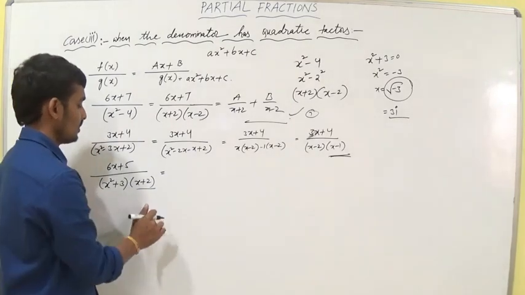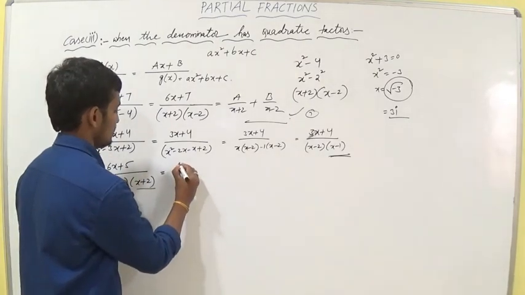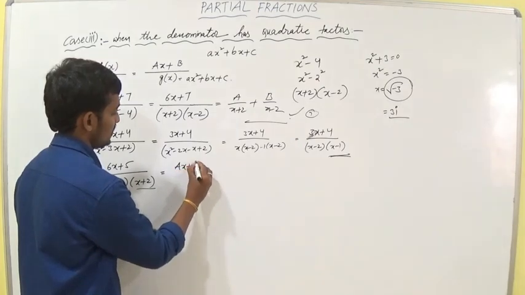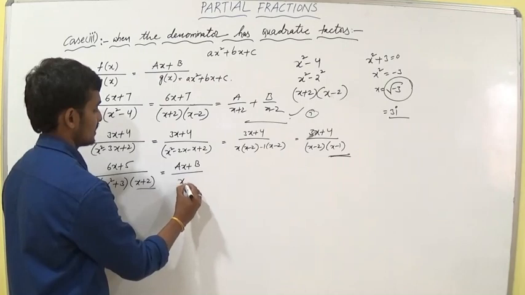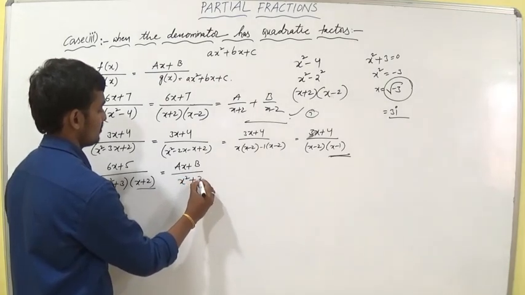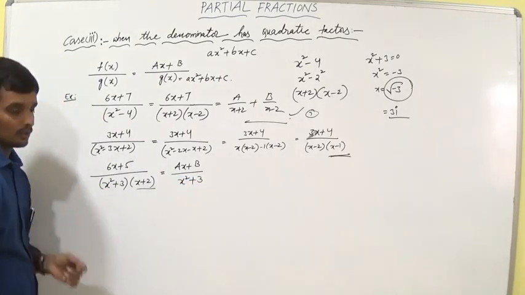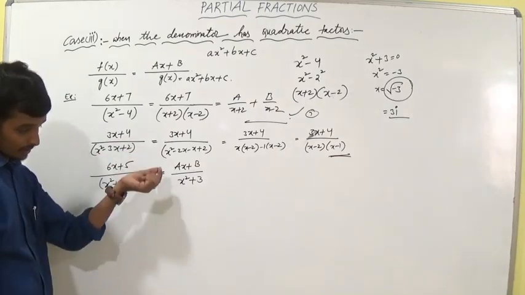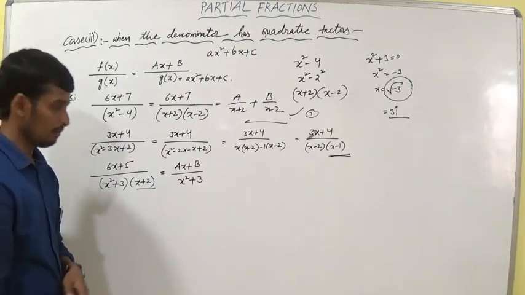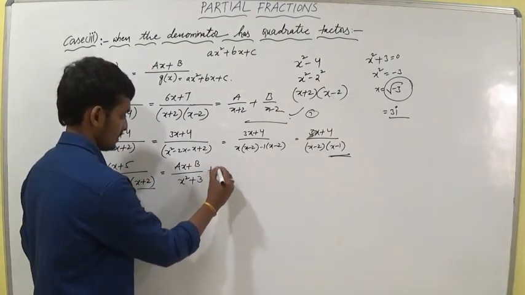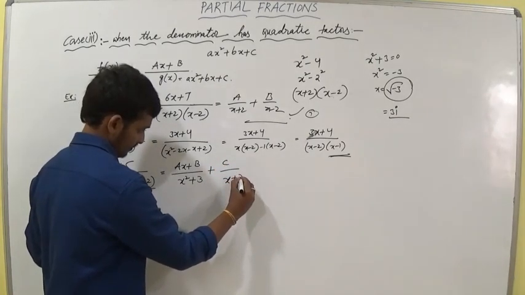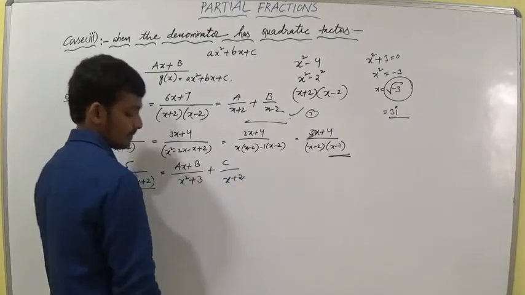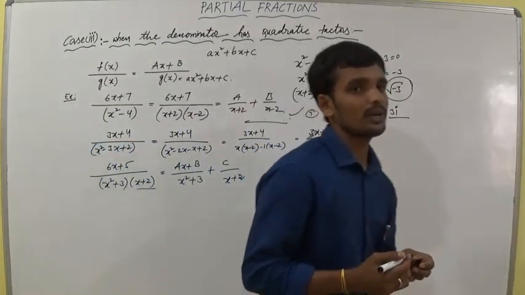In this way, the first term is (ax + b)/(x² + 3), quadratic over linear, plus the second one is c/(x + 2). I hope you understand.